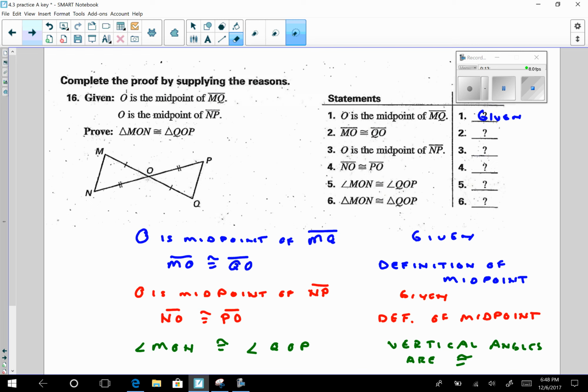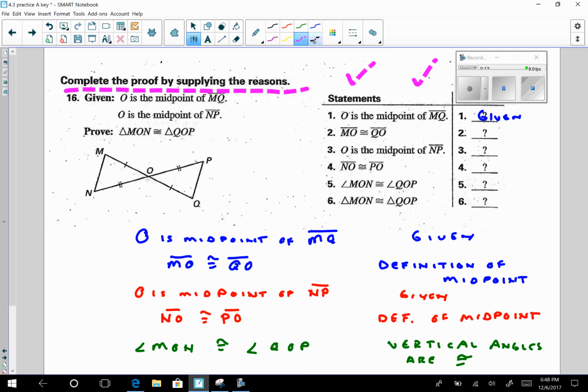Complete the proof by supplying the reason. I think on the quiz tomorrow, I will have you come up with the statements and the reasons, as we did on the prior quiz. And the proof that I will ask you to do tomorrow will be similar to this type of proof.